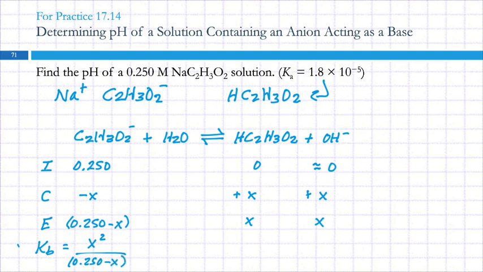But we don't have Kb. We have Ka. So we have to use this. Kb is going to equal 1 times 10 to the minus 14th divided by 1.8 times 10 to the minus 5. Make sure that you are using scientific notation correctly on your calculator or you will get the wrong answer.